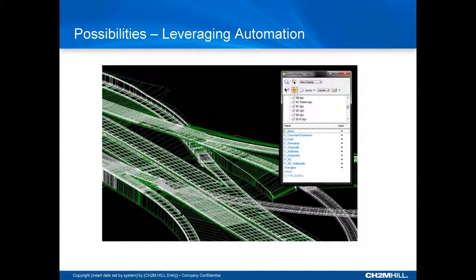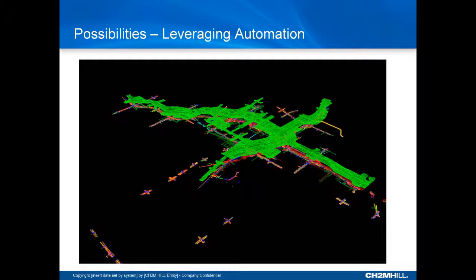The preference file wasn't set up in order to have that displayed in the same way by level. So a custom automation application was developed in order to take that metadata on the mesh elements of style and assign MicroStation levels accordingly. So you can see here that now we've got a concrete pavement level associated with that style.